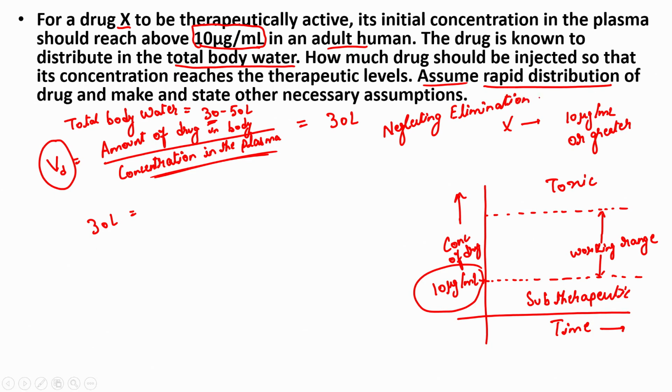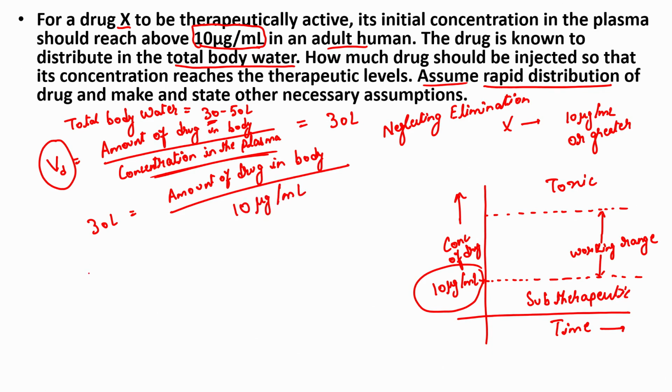So, now we go with this, we are saying that 30 liter should be equal to the amount of drug in body divided by the concentration in the plasma, which in this case is 10 μg per ml.